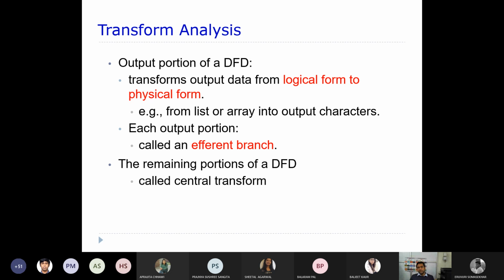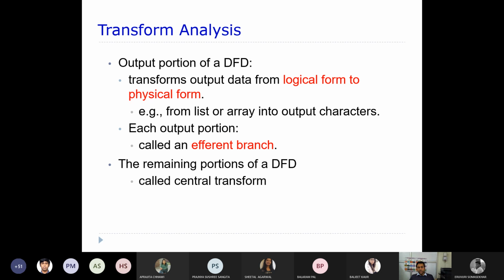Maybe the arrays you created will be converted back into characters, because we can understand characters, but we will not be able to understand the ASCII values of those characters stored in the logical database or data structures. This is what we call the efferent branch.